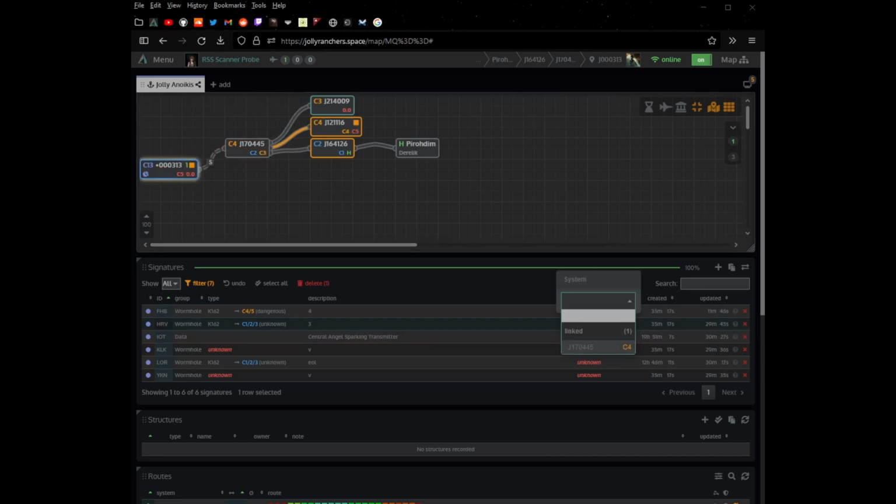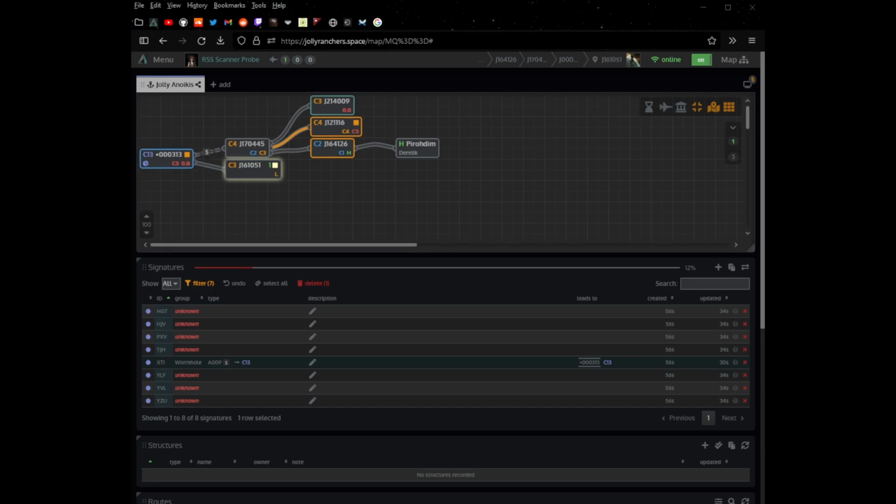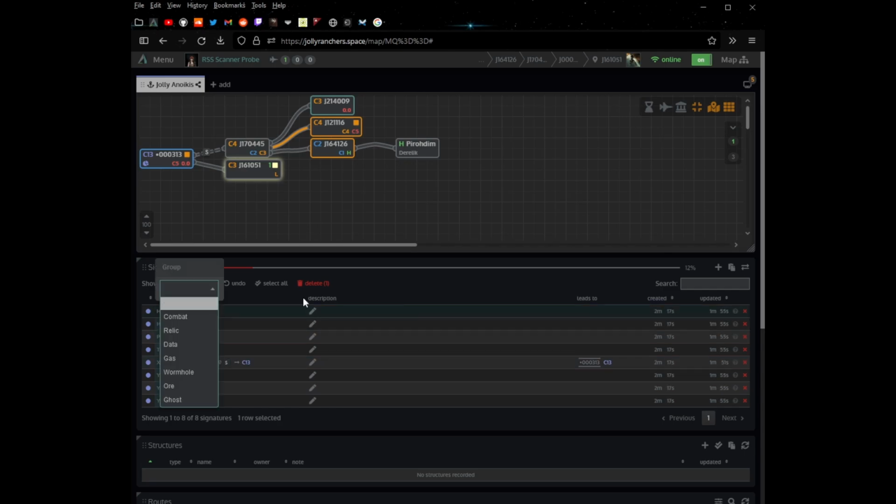This is how people navigate wormhole space. The concept of mapping wormhole space is basically the idea of walking around your house and noting down which doors lead where.